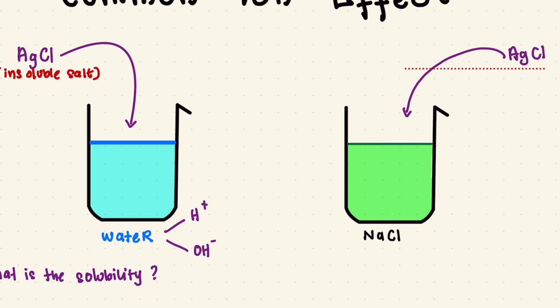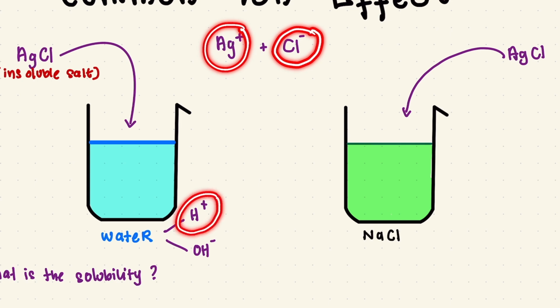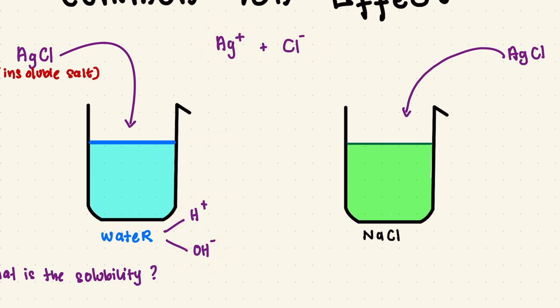And we know that argentum chloride consists of Ag plus, we only have argentum ion and chloride ion. So if we compare argentum ion, chloride ion, hydrogen ion, and hydroxide ion, is there any similarity? Is there any ion that is common? The answer is no. Okay, there's no ions that are the same here.